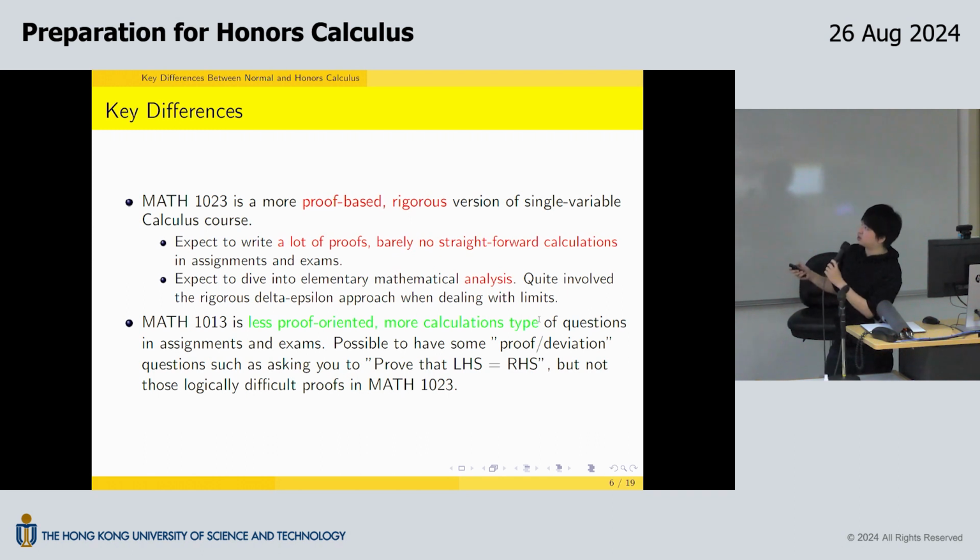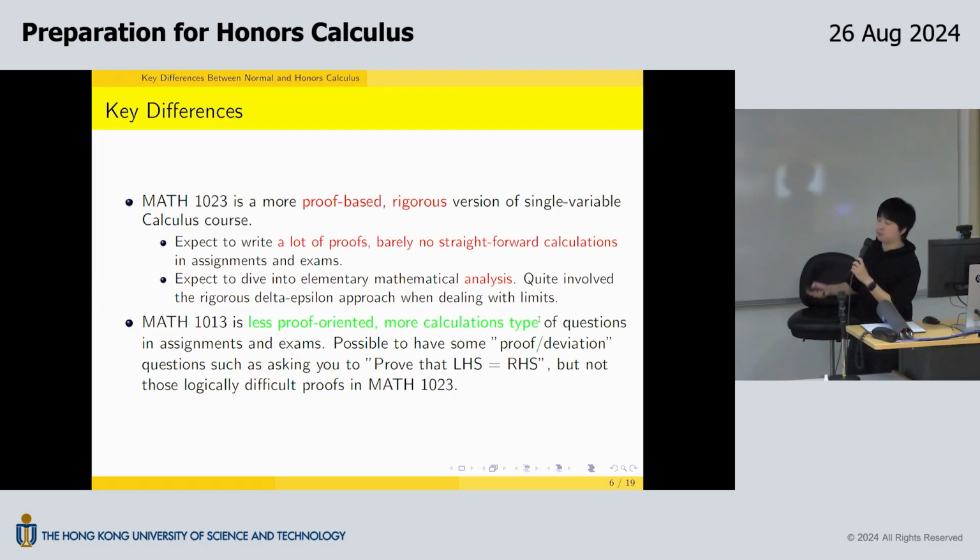You are expected to write a lot of proofs in exams or assignments, and these are not straightforward calculations like the exams or assignments you encounter in high school. So the logic behind them is much more tricky and not straightforward.